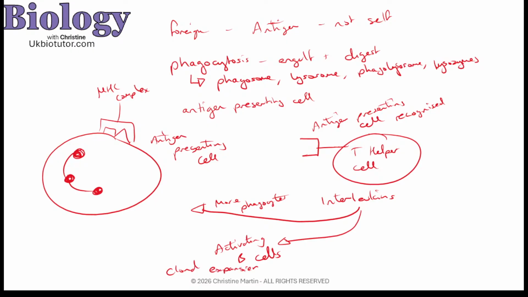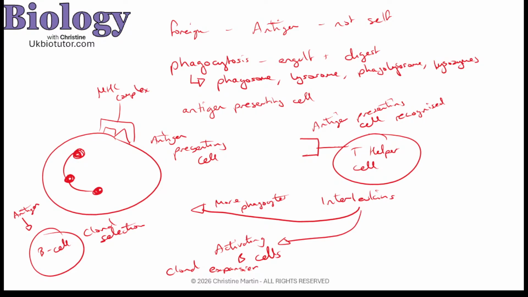So my B cell, the correct B cell, is going to need to encounter the antigen as well. And encountering the correct antigen is clonal selection. So we need clonal selection, and it does take time for the clonal selection to occur.